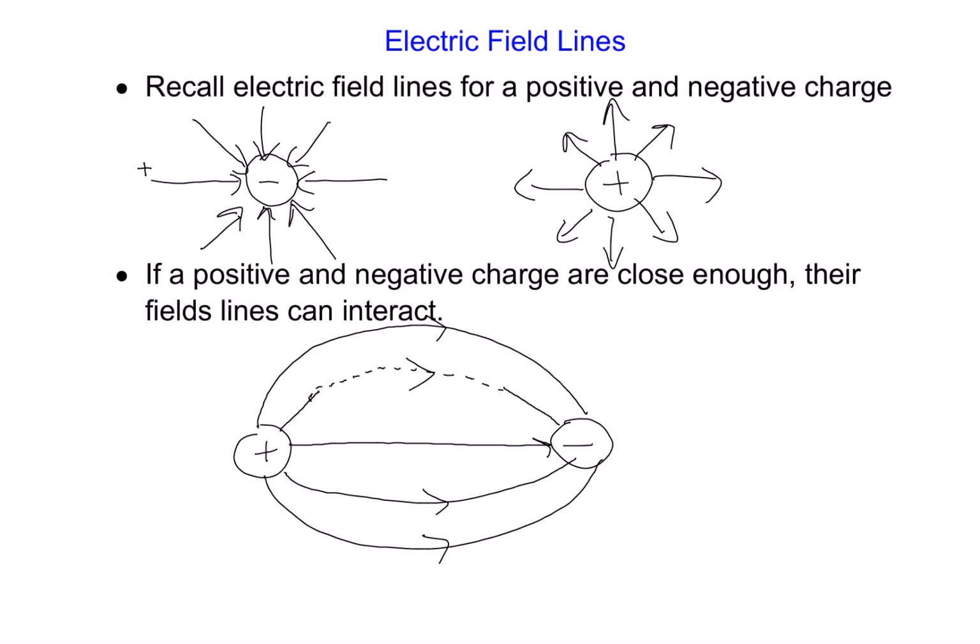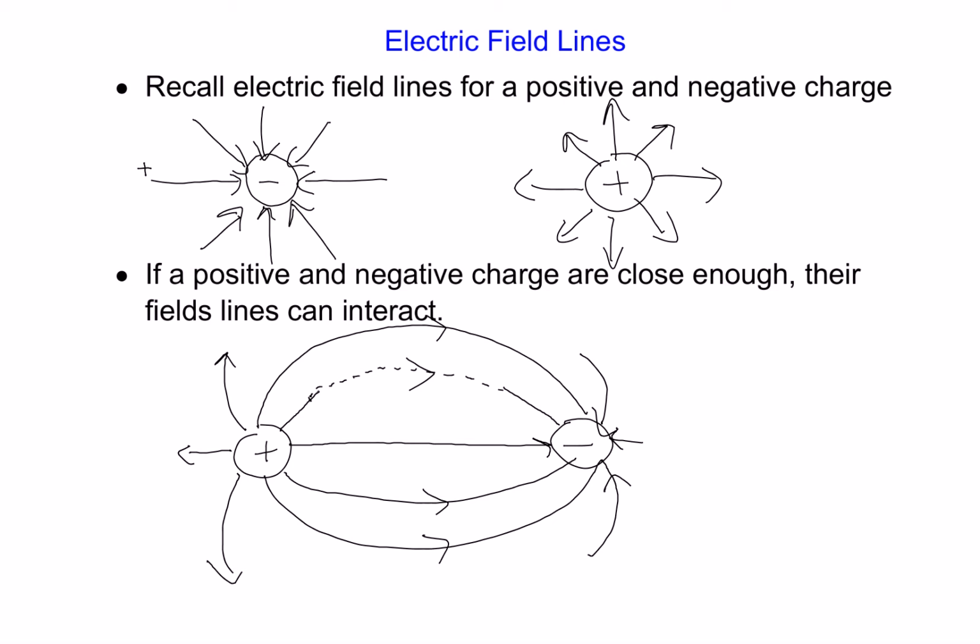So we start getting these curves, and then the ones that are out here would maybe curve outwards as well. And probably the only one that would not be curved would be the one right at the very end. Oops, I got that one the wrong direction. So we'd get electric field lines that look something like that.